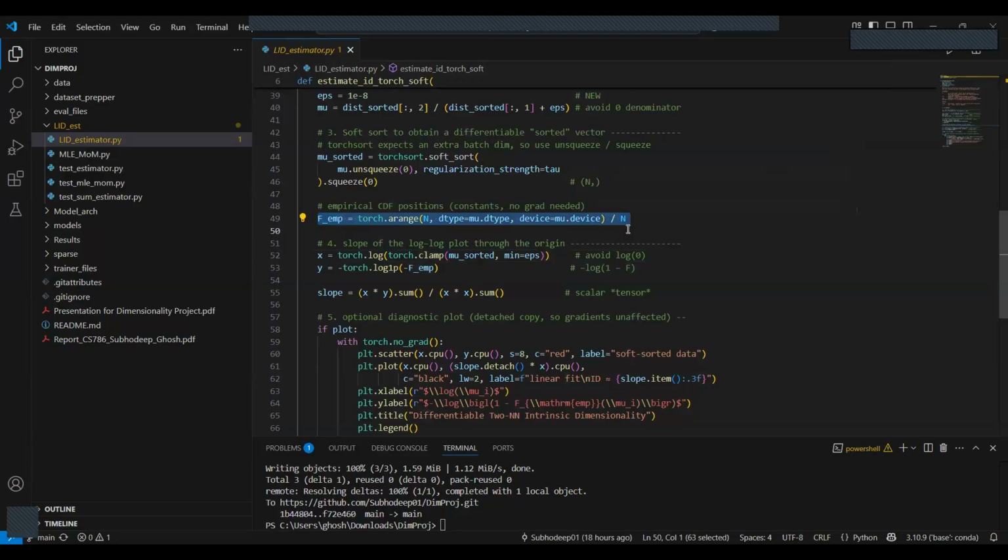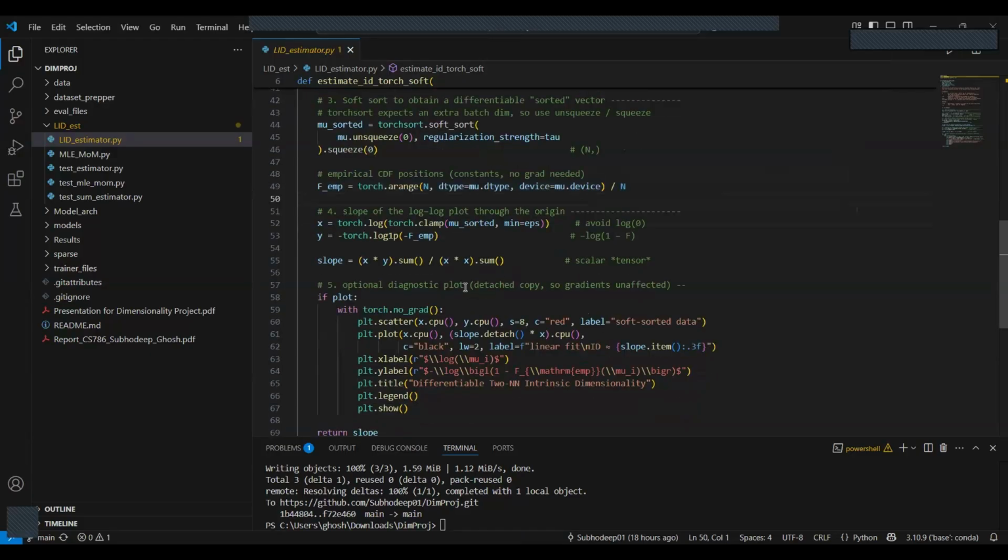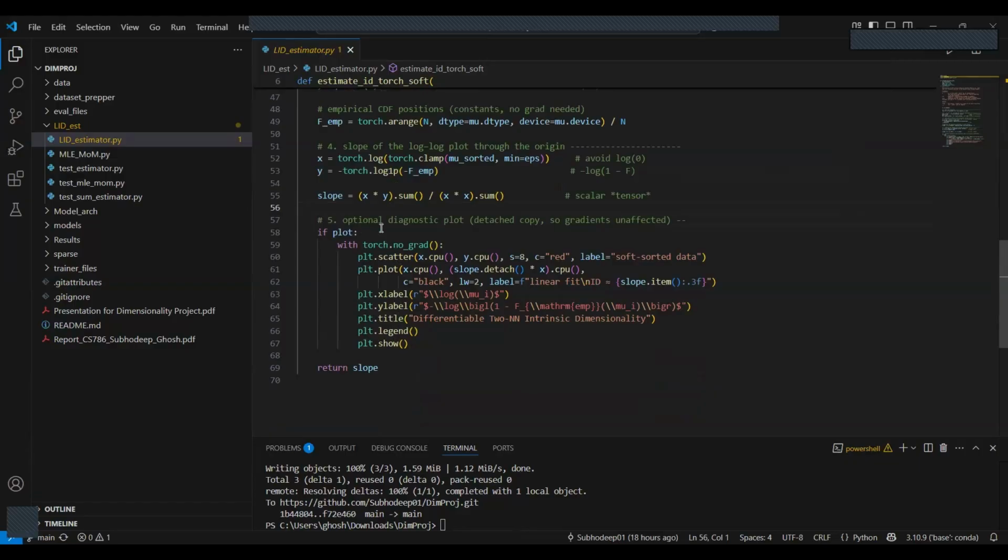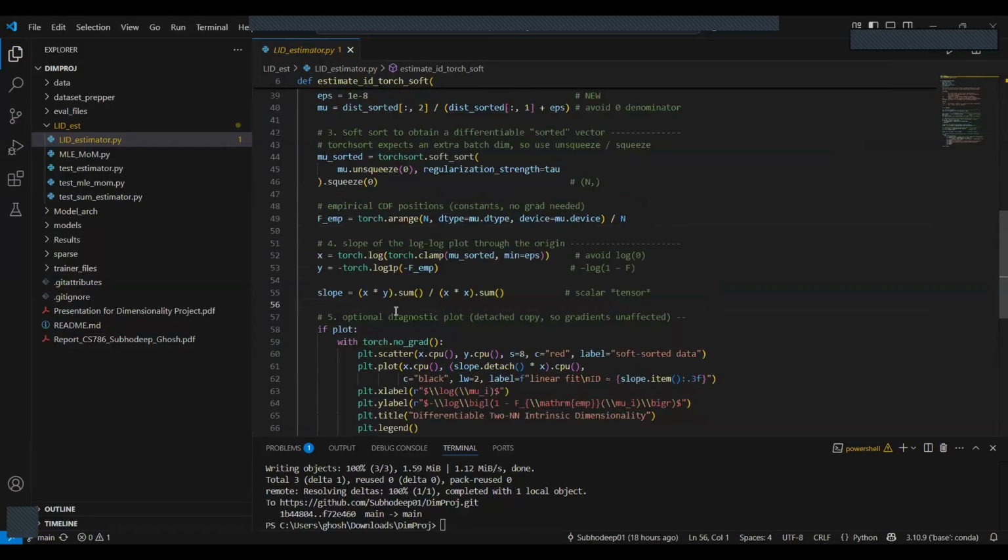It evaluates the cumulative distribution function of these values relative to each point, and that is taken as the y value. And then we finally compute the slope using this formulation of linear regression. Yeah, and that is how the slope is calculated and returned for the LID estimator.